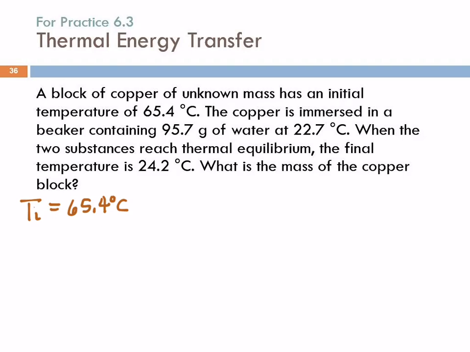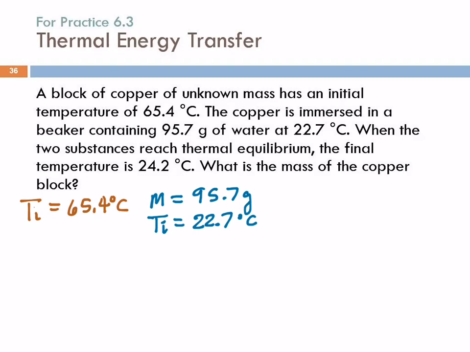It's immersed in a beaker containing a mass of water. The mass of water is 95.7 grams. The water is initially at 22.7 degrees Celsius. When the two substances reach thermal equilibrium, the final temperature is 24.2.